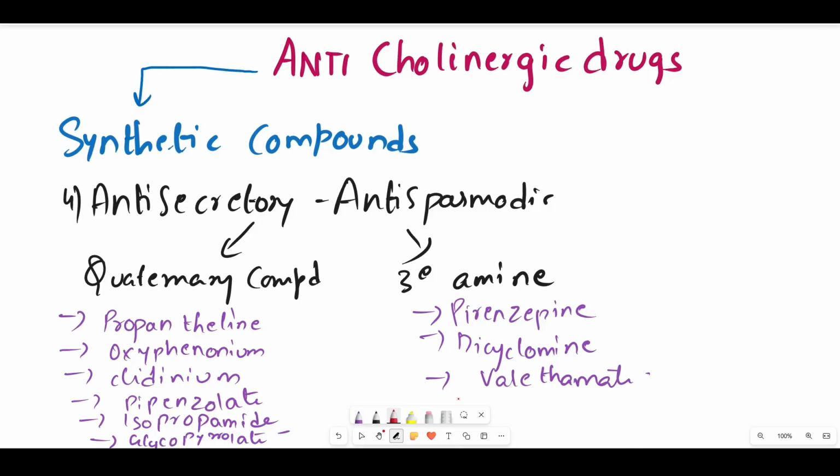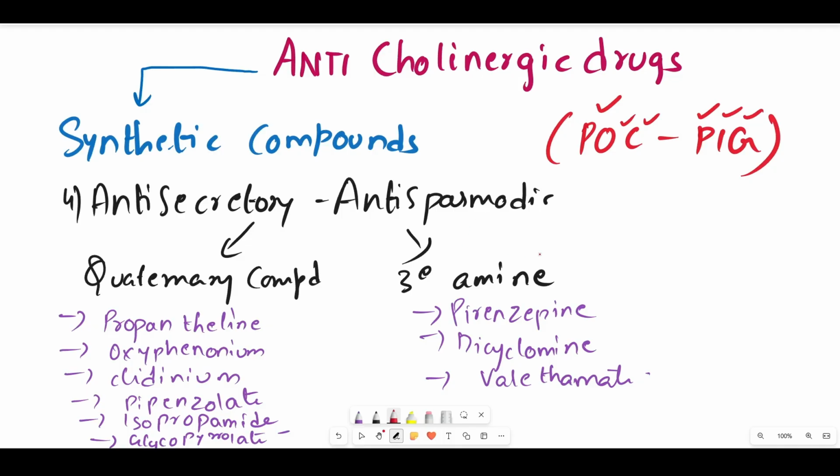In the quaternary compounds, we have many drugs, but to remember them, we use a trick called "poke pig", where P means propantheline, O means oxyphenonium, C means clidinium, P means pipenzolate, and I means isopropamide. G means glycopyrrolate. So to remember the drugs under quaternary compounds, just remember "poke pig".